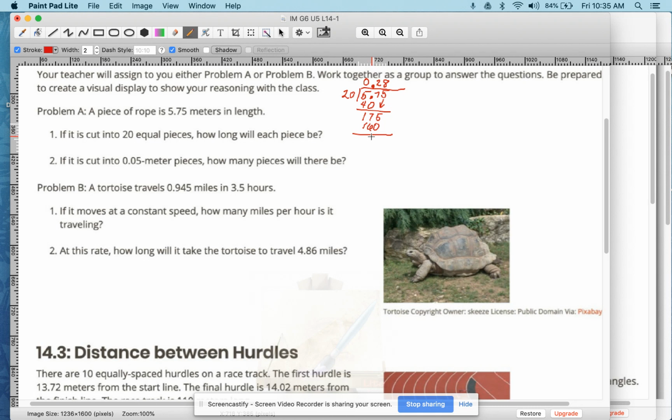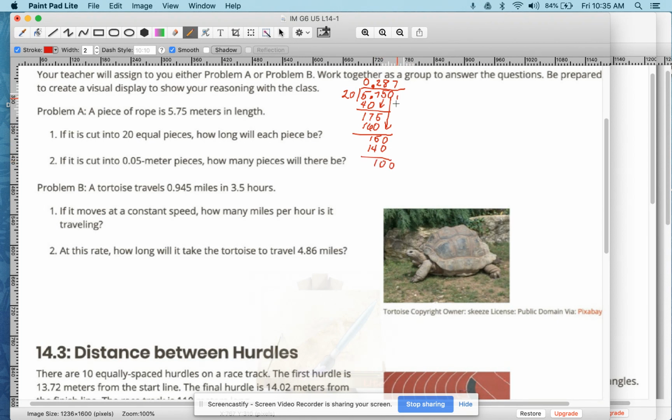I subtract, and I get 15. I bring another 0 down. 20 goes into 150 7 times. 7 times 20 is 140. I subtract and get 10.